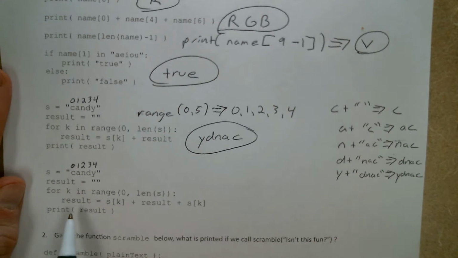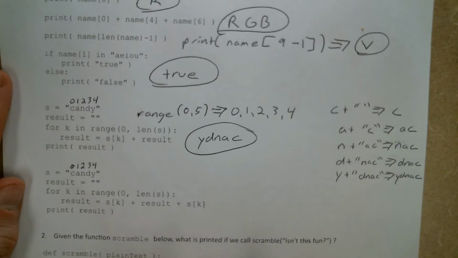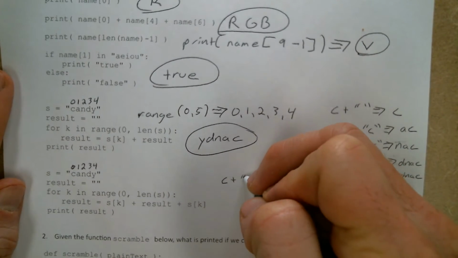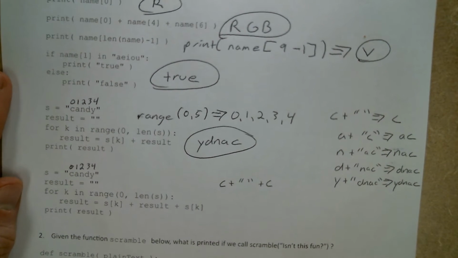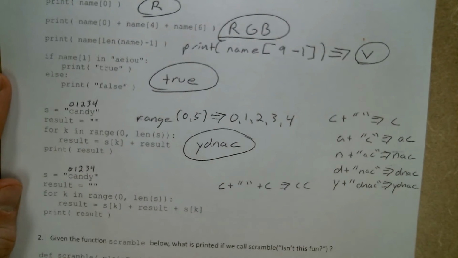This time, we're doing result equals S of K plus result plus S of K. So the very first time through the loop, K is going to be 0. So we're doing C plus the empty string plus C, which is basically just going to give us CC.